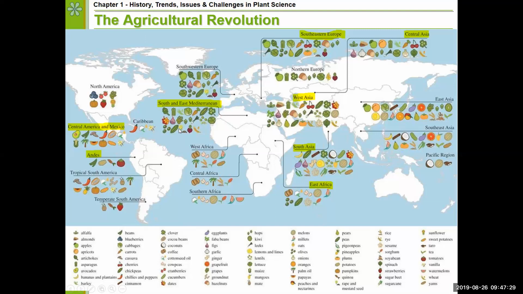So take a look at this map and try to recognize where some of these things came from. The big one in Western Asia is our grains: wheat, barley, rye. In Southeastern Europe, or what Vavilov calls the Mediterranean, we had things like peas, barley, some temperate fruits, onions, beets.